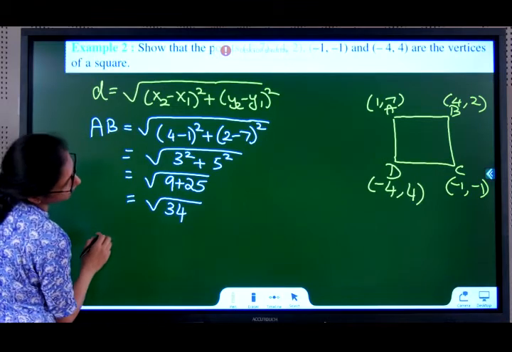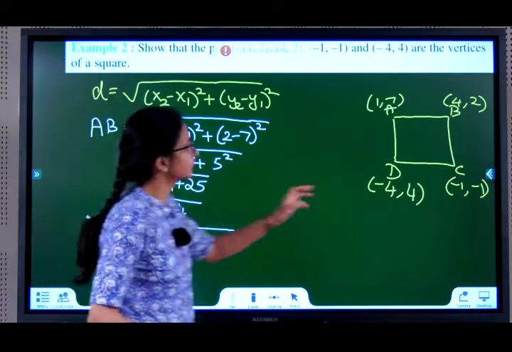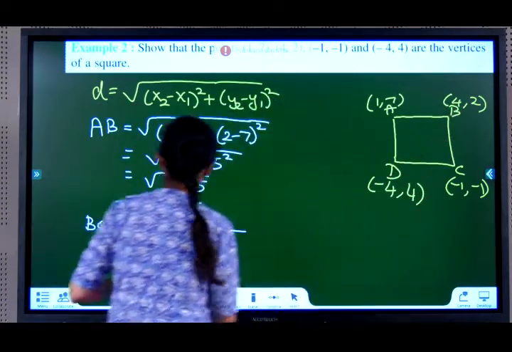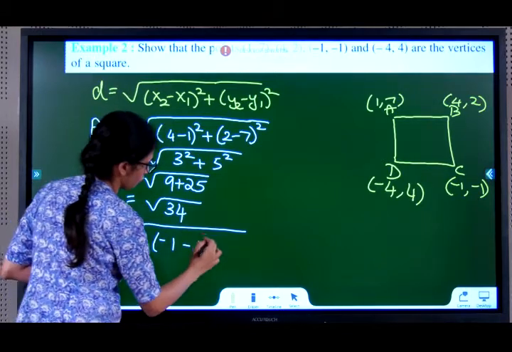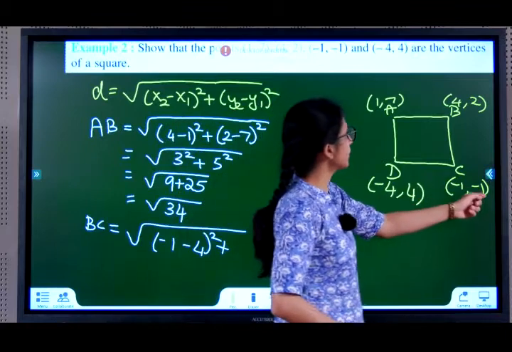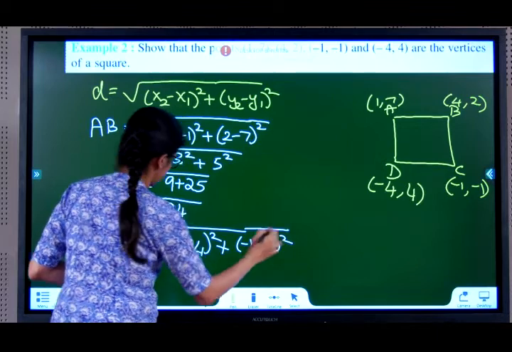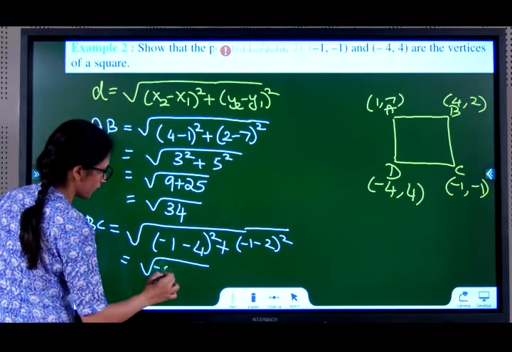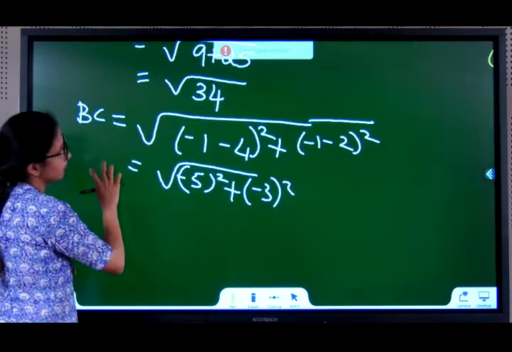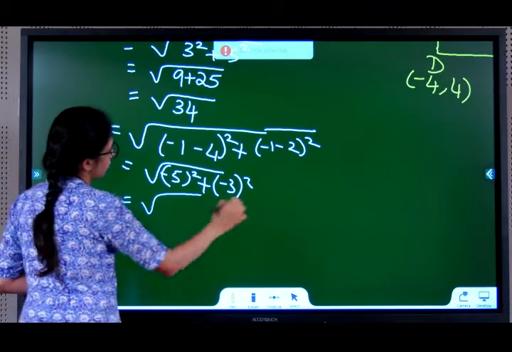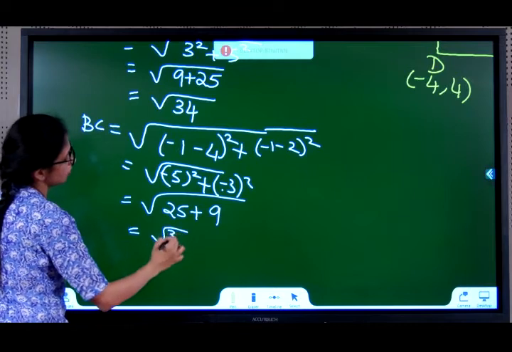Next, AB is done. So next we go to BC. Root of (-1 minus 4) the whole square plus (-1 minus 2) the whole square. So it becomes root of (-5) the whole square plus (-3) the whole square. Root 25 plus 9. Again you get root 34.